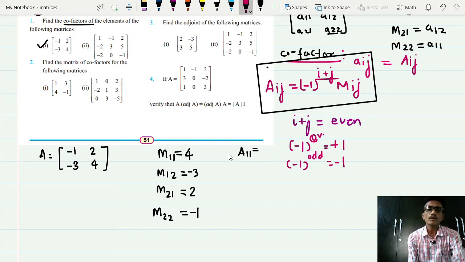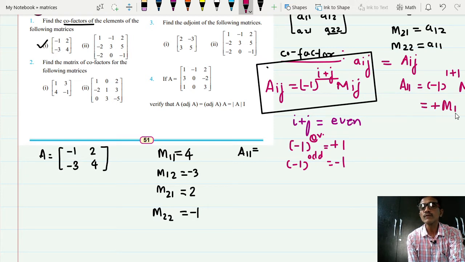So for A11, minus 1 raised to power 1 plus 1, that is 2, into M11. Clearly minus 1 squared will be plus 1, into M11. यहाँ पे हम बोल सकते हैं A11 is equal to M11.